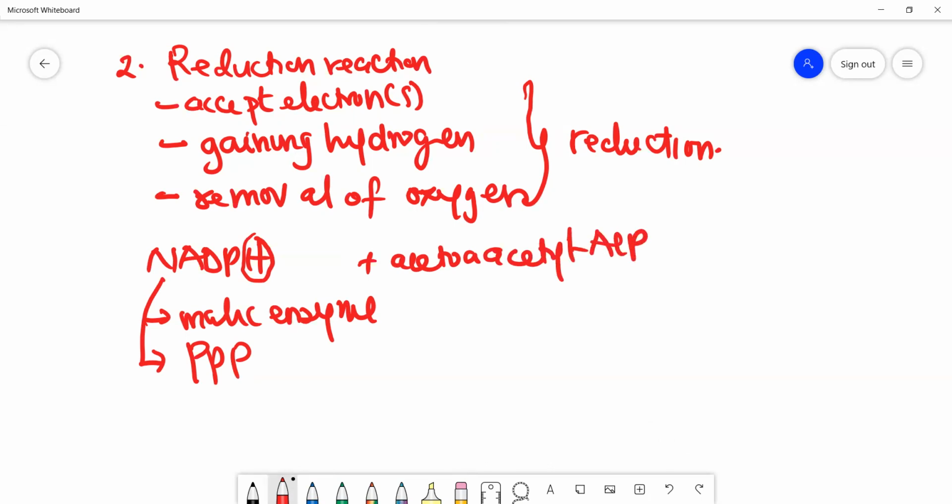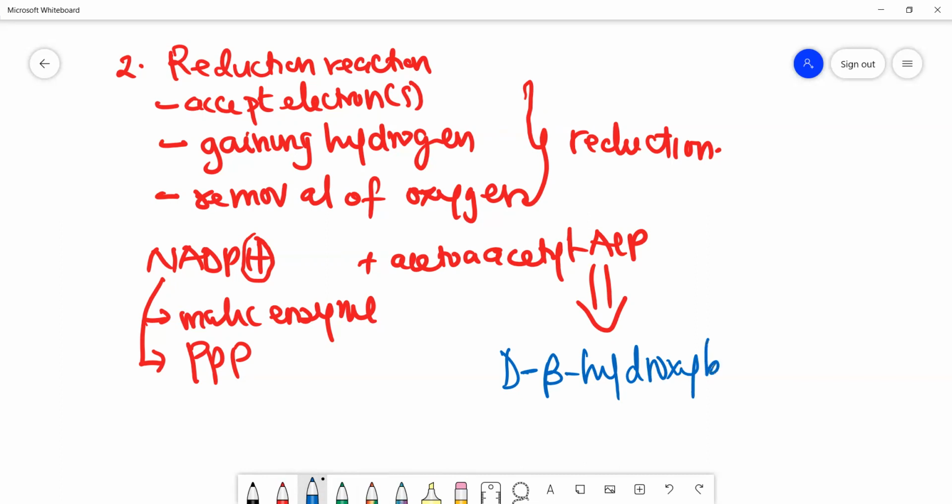When it donates it, a reduction occurs, and then we end up with the intermediate D-beta-hydroxybutyryl ACP.